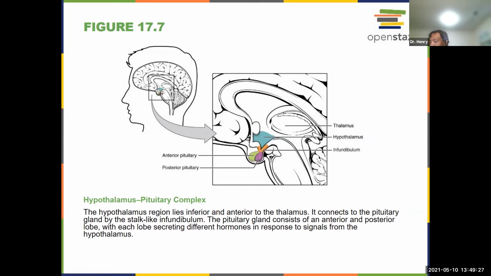In terms of the anterior, we have growth hormone, prolactin, adrenocorticotropic hormone, or just ACTH.